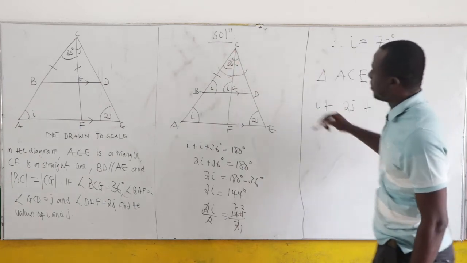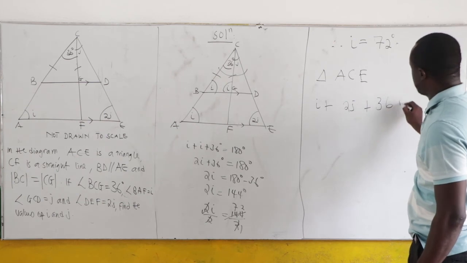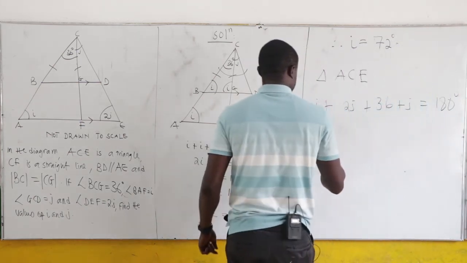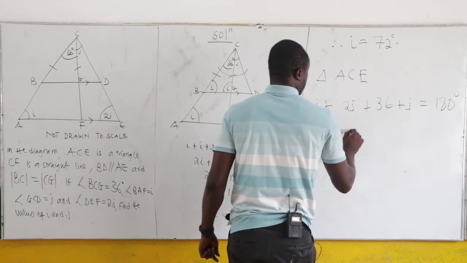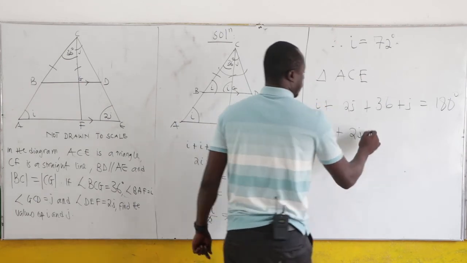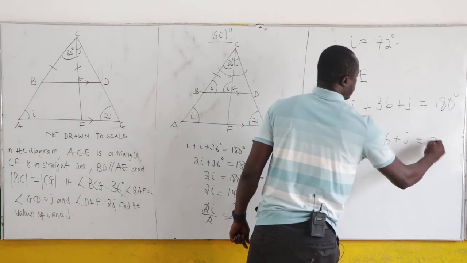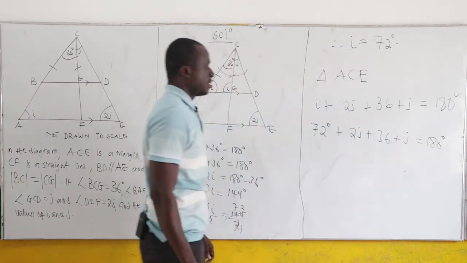The whole of the angle here is 36 plus J. Equal to what? 180 degrees, the sum of angles in a triangle. Now what is I? I is 72. So we have 72 degrees plus 2J plus 36 plus J equal to 180 degrees.